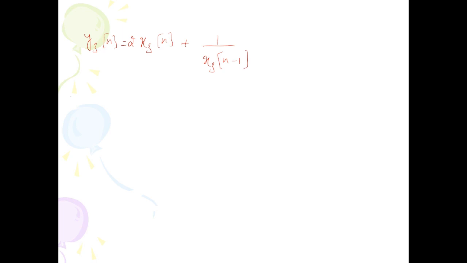Now what is x3 here? x3 of n is nothing but a into x1 of n plus b into x2 of n. When you apply this in terms of y3 of n, this is nothing but 2 into, in place of x3 you have to substitute a into x1 of n plus b into x2 of n.